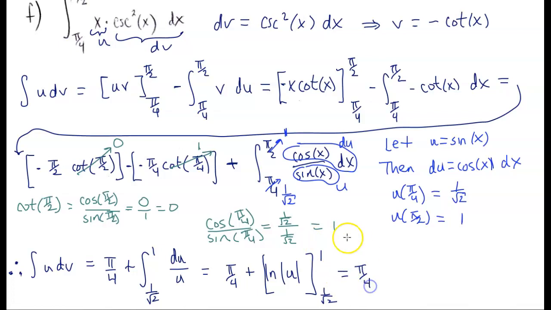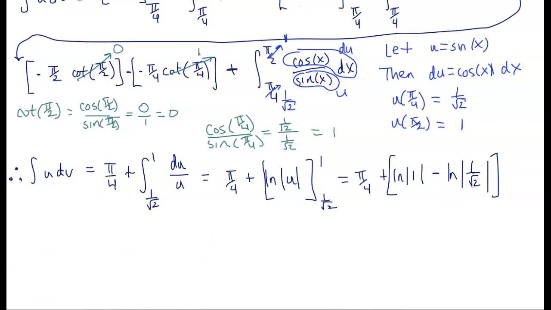So we have pi over 4 here plus, when we evaluate it at 1, natural log absolute value of 1 minus, and then we'll see natural log of 1 divided by root 2. Okay.